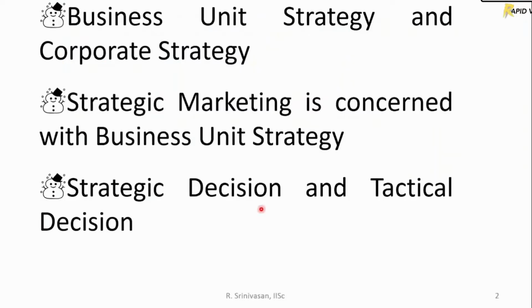So when you are looking at a business unit, you are looking at strategic marketing with respect to the business unit. When you are looking at the company as a whole, you are looking at corporate strategy. A strategic decision cannot be reversed. A tactical decision is dynamic in nature, and it depends on the situation that is prevalent in the market.